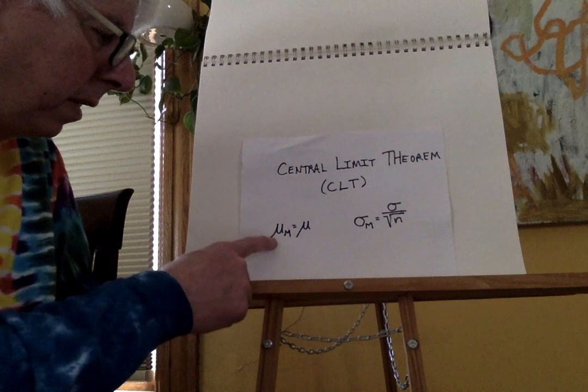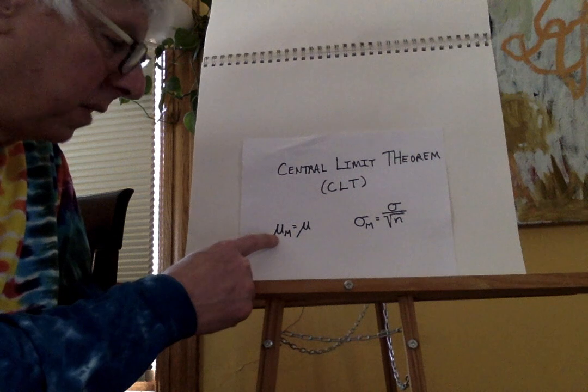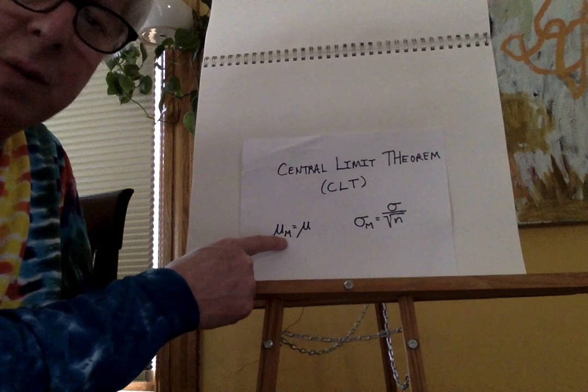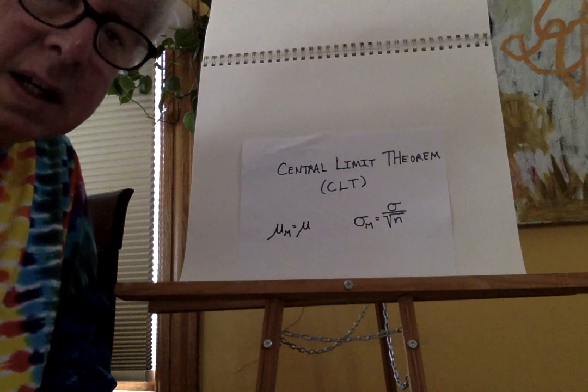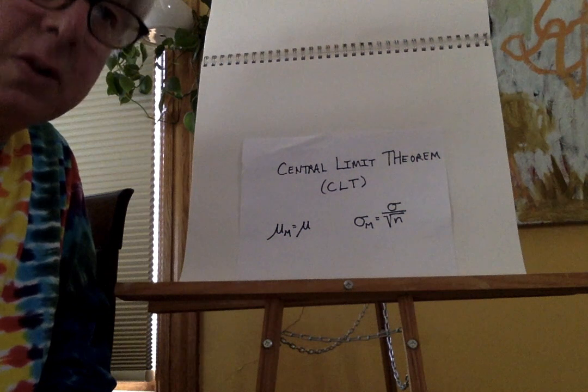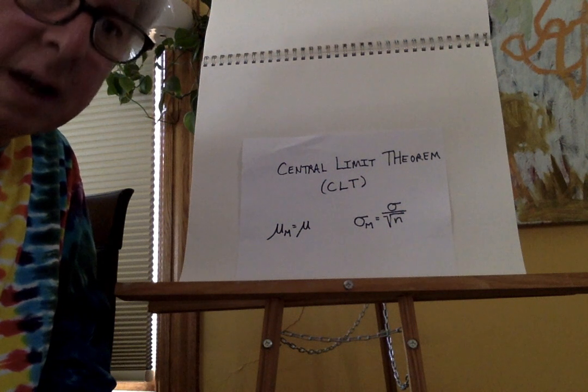Okay? This is the mean. It's a mu, symbol for the mean, has a subscript of M. What that's telling me is this is the mean of the distribution of sample means. I'll say that again.